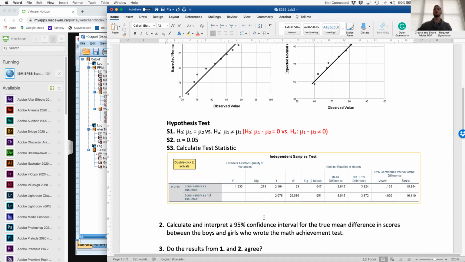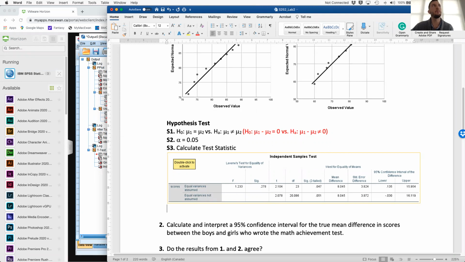All right, so in the output from SPSS for the 2-sample test, you can see that we have 2 rows of information. We have scores equal variances assumed and scores equal variances not assumed. In our particular illustration, we are going to be focusing on the output from the equal variances not assumed column.